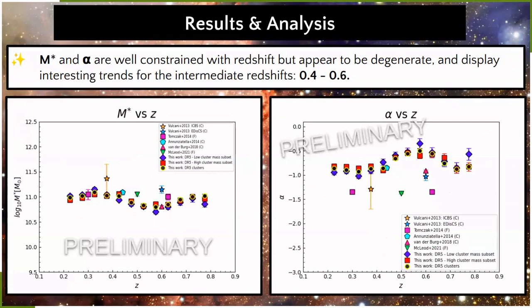From 0.2 to 0.8 redshift, I think for most people isn't a significant chunk of cosmic time, but you're looking over the past, I could be wrong on this, 9 billion years.